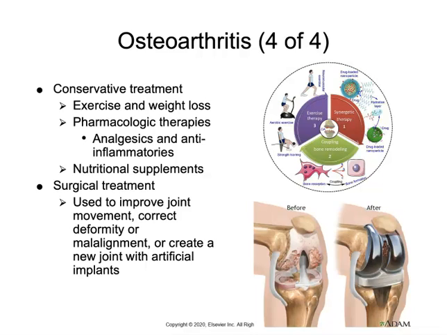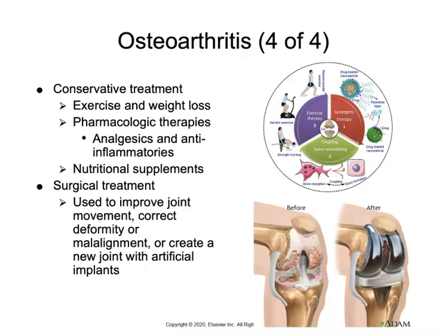So we can do some things like physical therapy, maybe even use some assistive devices such as canes or braces. And we can have some dietary improvements, maybe making sure we're having adequate intake of omega-3s and our vitamins D and K. When it comes to some pharmacologic treatment, we can use NSAIDs like ibuprofen.